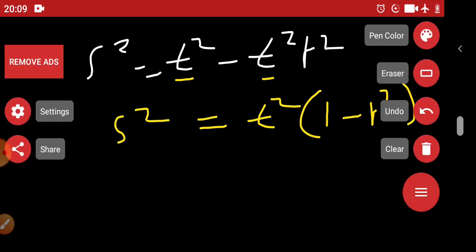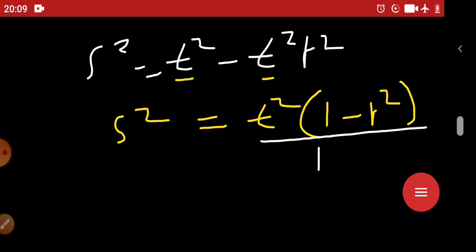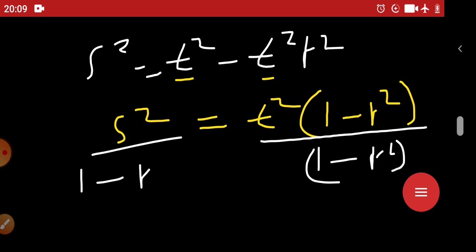Because we want t, we need to remove this part by dividing it on both sides. So what we'll have is that t squared is equal to s squared over 1 minus r squared.